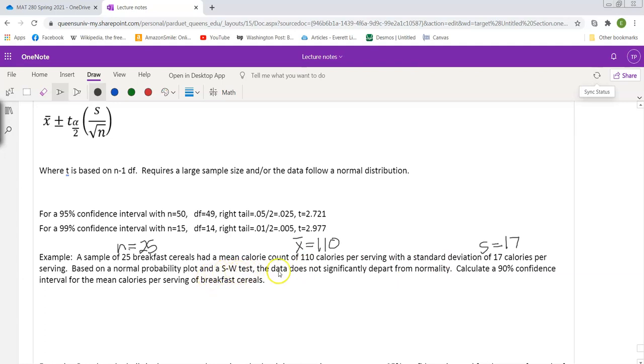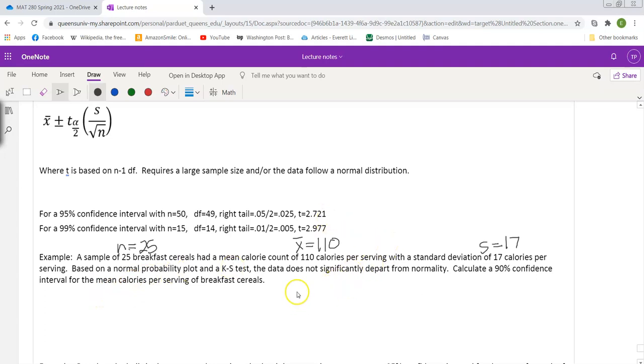And based on a normal probability plot, and that should be a Kolmogorov-Smirnov test, the data does not significantly depart from normality. So we know this because we've done the test. And we're going to calculate a 90% confidence interval.